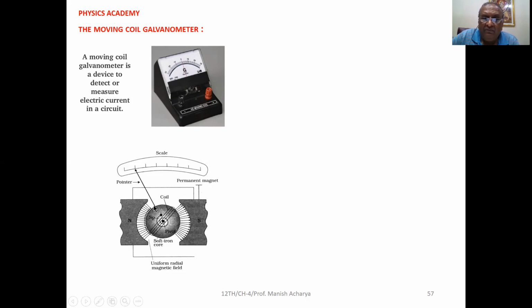Now, one pointer is attached with the coil. So as the coil rotates, that pointer will also rotate. It will show you the deflection. So when the coil becomes steady, this pointer will be steady on the scale.